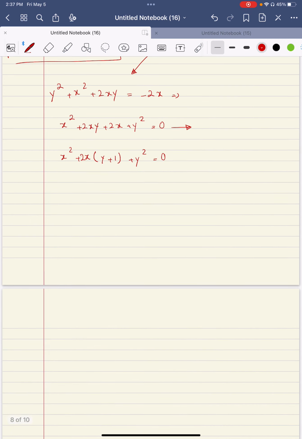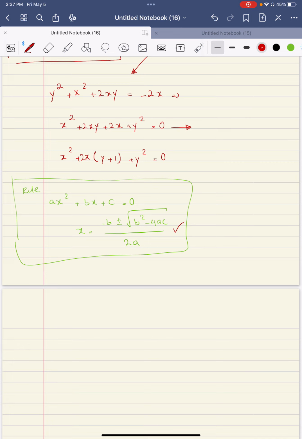If you remember, we had another rule which says if you want to find the roots of x, you have to do this. Do you remember this?